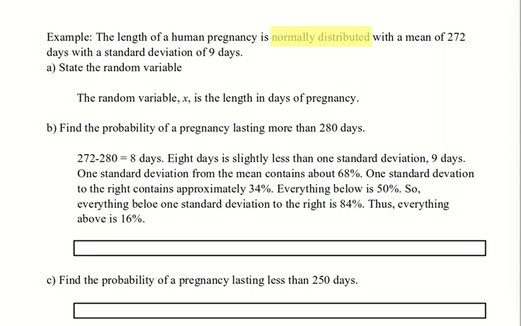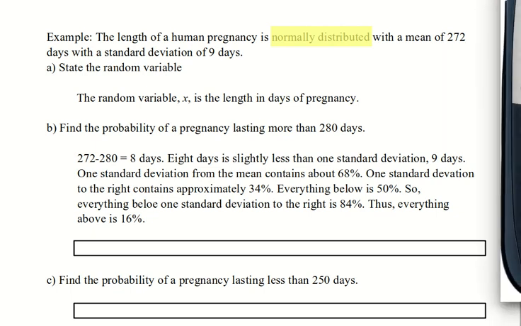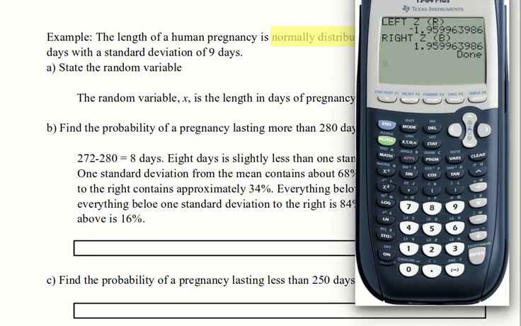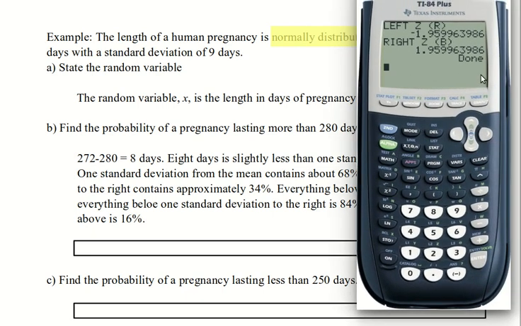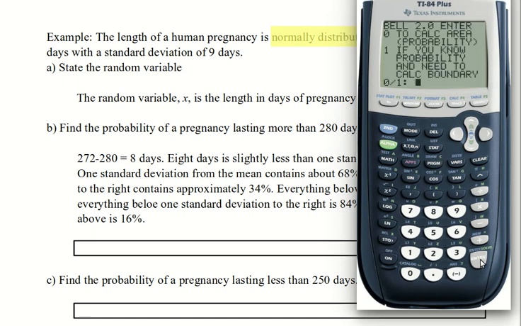Or we can use a calculator. So let's do that. So we're told that the mean is 272 and the standard deviation is 9. Let's get Bell. So I'm going to go into Programs and invoke it. We're interested in the probability, so I'm going to enter a 0. This is a normal distribution, so I'm going to enter 0 again.